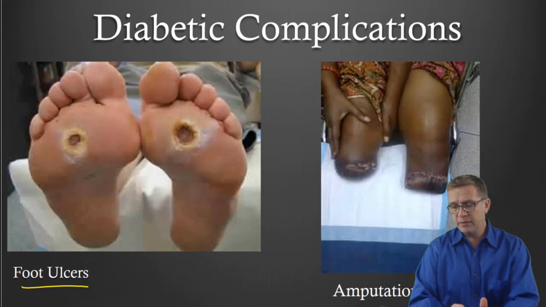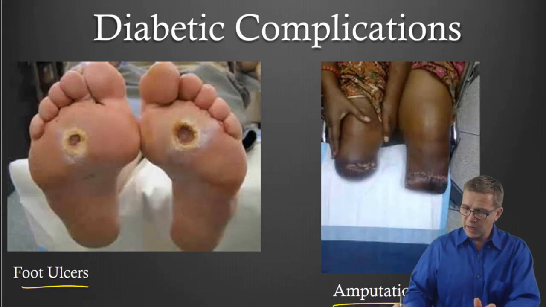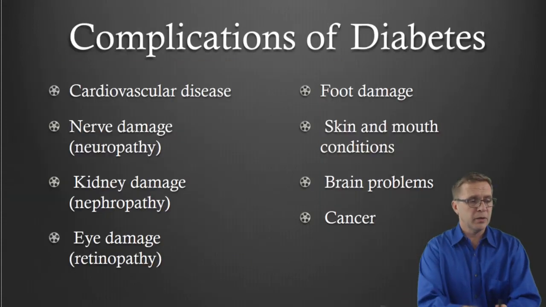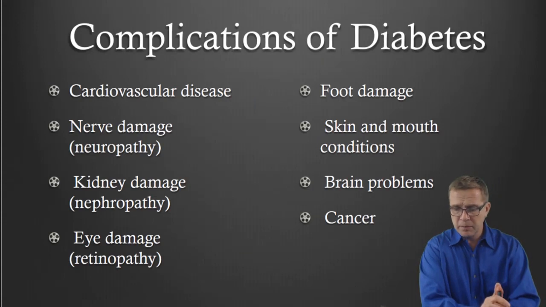And if it gets bad enough, it can in fact lead to diabetic amputation of the lower extremities. So again, we kind of went over these previously, but there's lots of big problems with diabetes: cardiovascular disease, nerve damage, kidney damage, eye damage, foot damage, skin and mouth conditions, brain problems, and cancer.